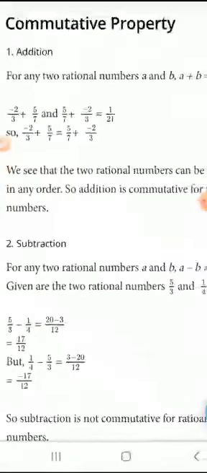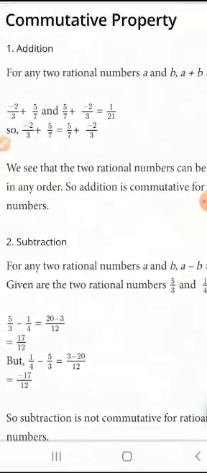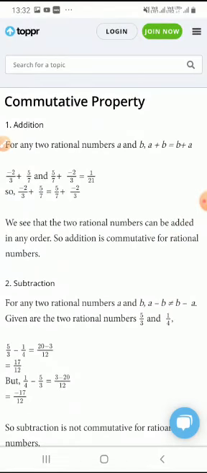So a minus b is not equal to b minus a. So subtraction is not commutative for rational numbers. We have to take care of the order. A minus b is not the same as b minus a. When we are adding rational numbers, we can add them in any order. But if we subtract rational numbers, we have to take care of the order, otherwise the answer will be different.